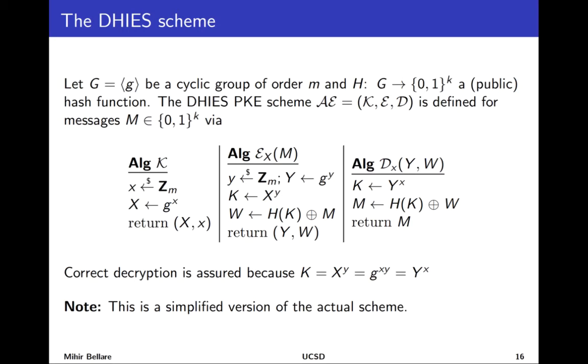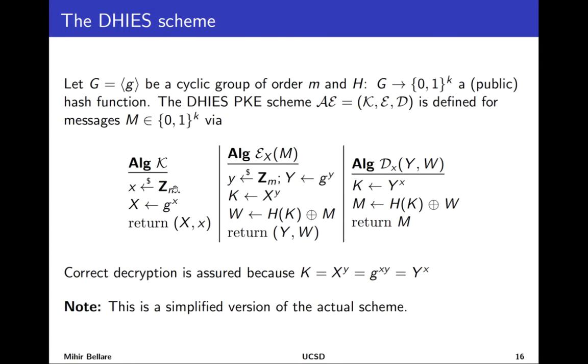Now, a couple of clarifications about this in case you start seeing instantiations. And I hinted at this a little bit before. This is written in the case where we have a general group. If you are looking at a specific group like ZP star or integers mod n for some n, let's say ZP star as an example, then you have to interpret everything accordingly.